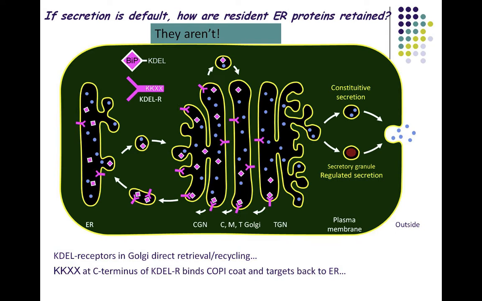We have the KDEL sequence. The KDEL sequence found in the C terminus of the protein serves as a very important molecular signal telling the organelles to retro-transport the ER protein to the ER because it's supposed to be in the ER and not within the Golgi.